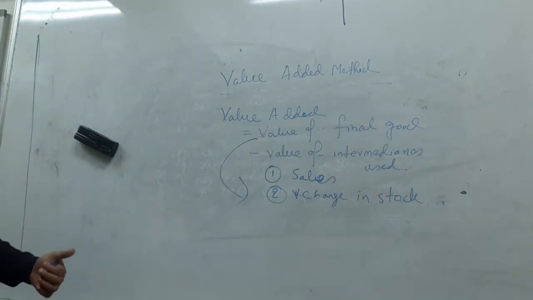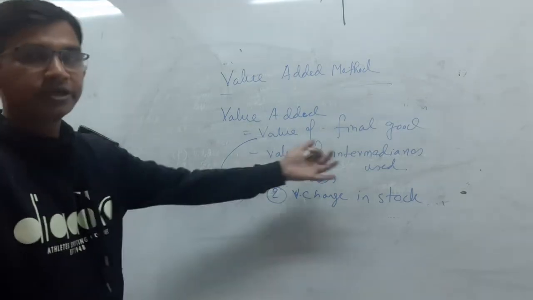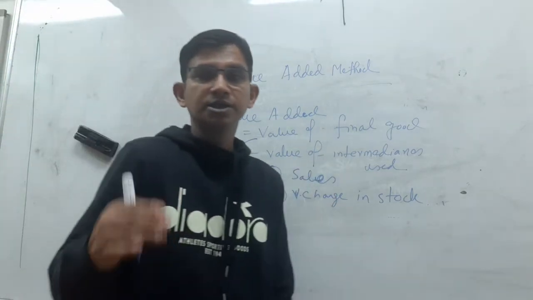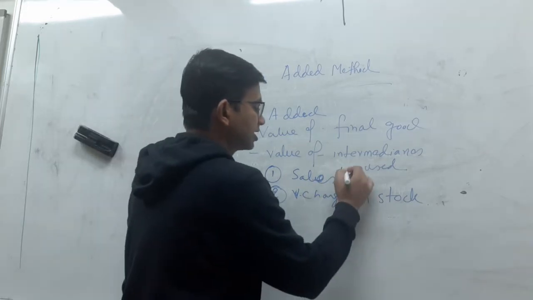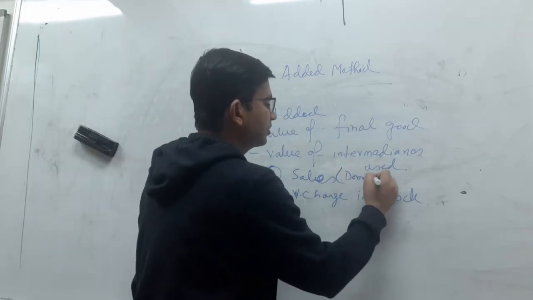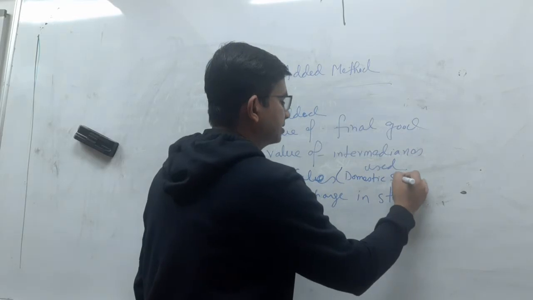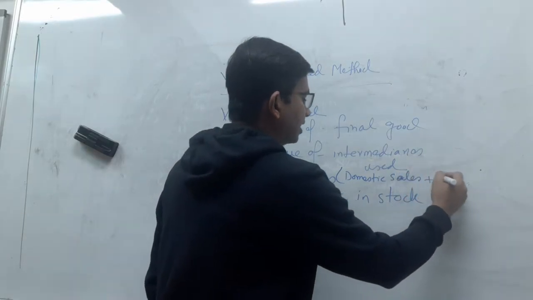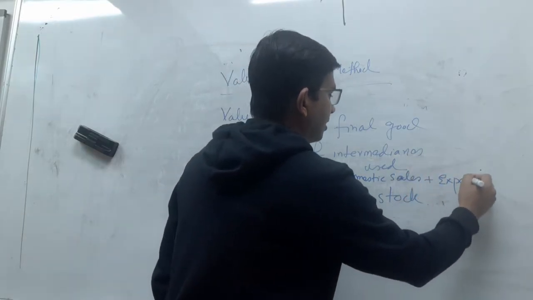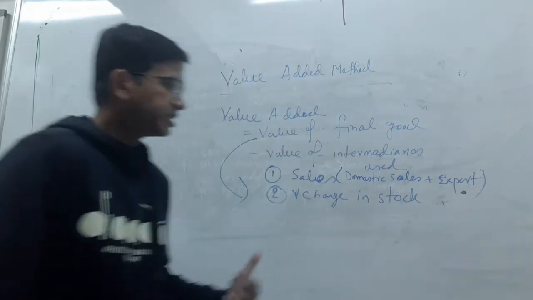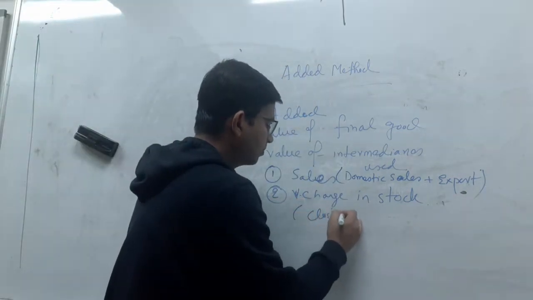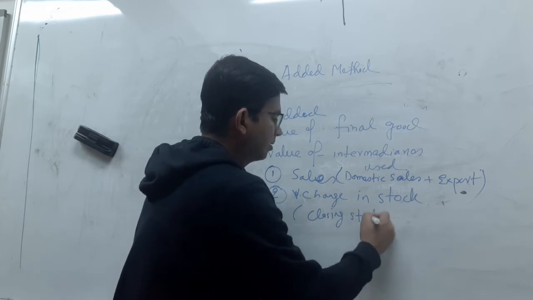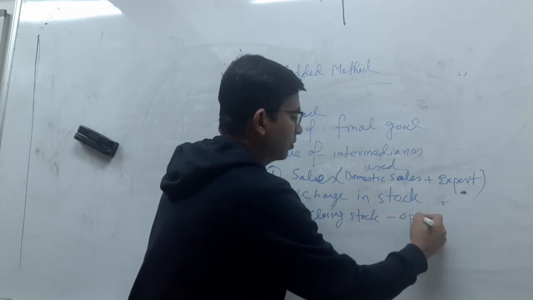Sales also has two components: number one is domestic sales and number two is export. So sales means domestic sales plus export, and change in stock is the value of closing stock minus opening stock.